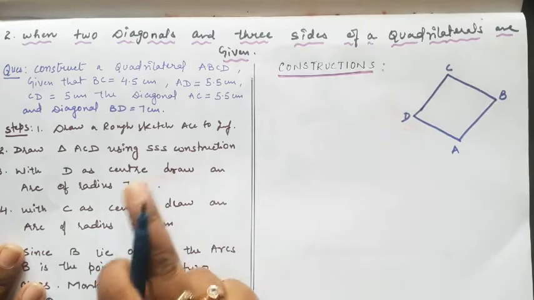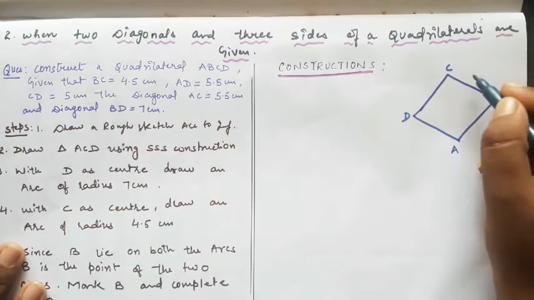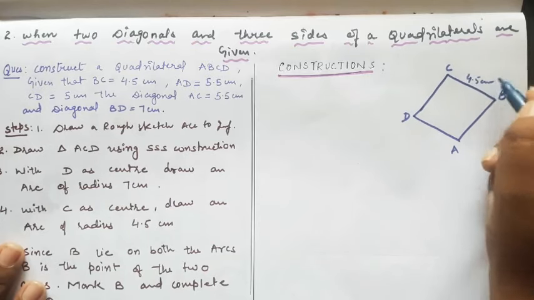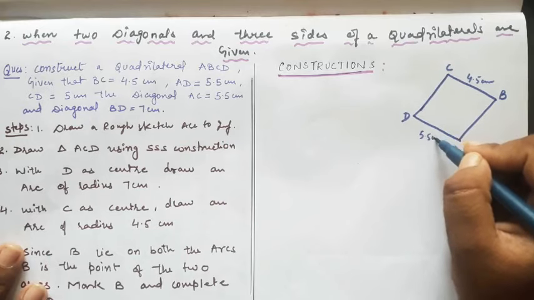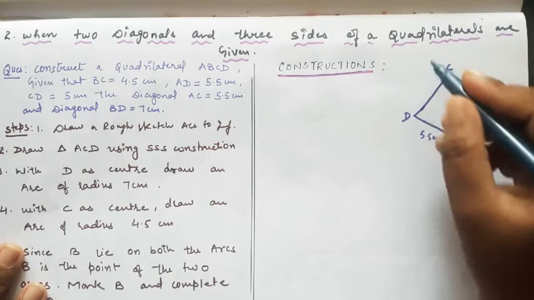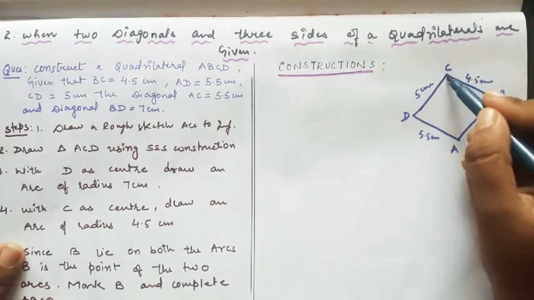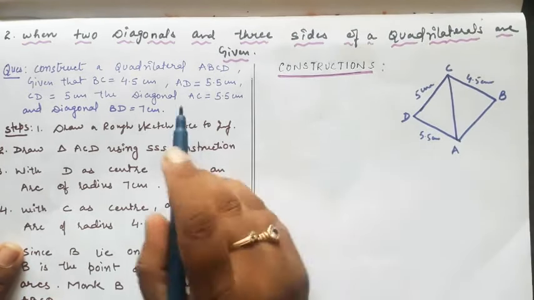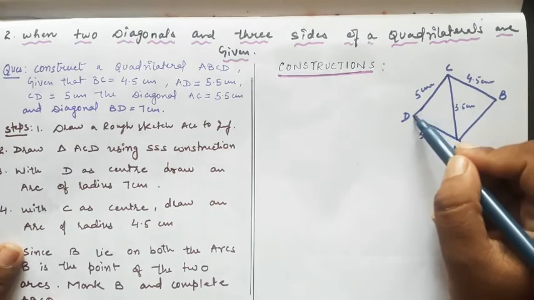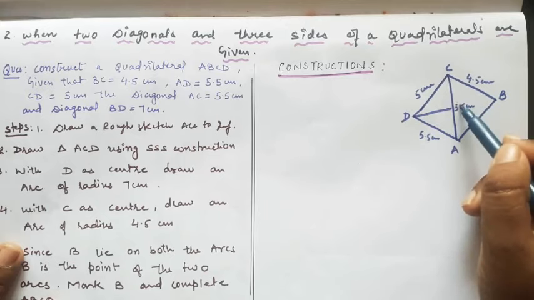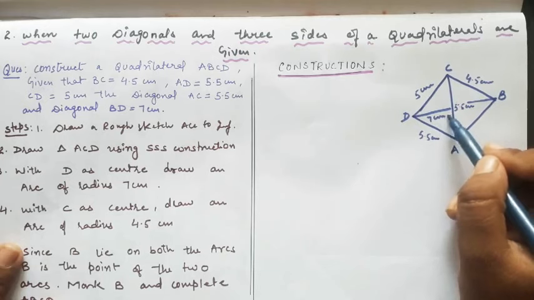Afterwards, the given dimensions are that BC is equal to 4.5 centimeter, AD is equal to 5.5 centimeter, CD is equal to 5 centimeter. The diagonal AC is given to you, that is 5.5 centimeter, and the diagonal BD is also given to you, that is 7 centimeter.